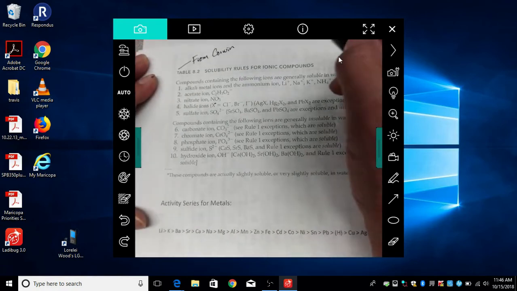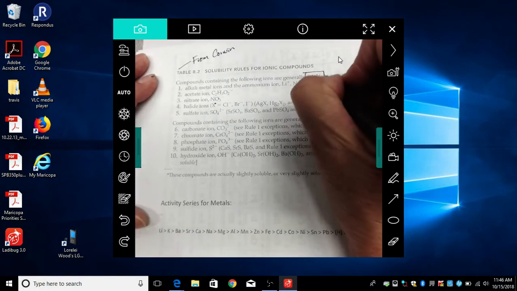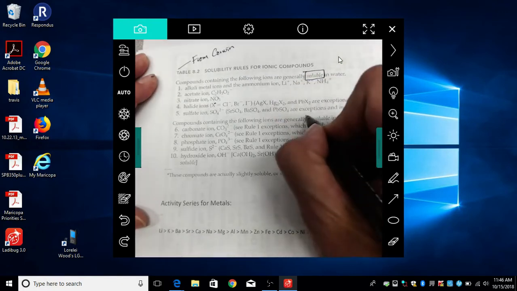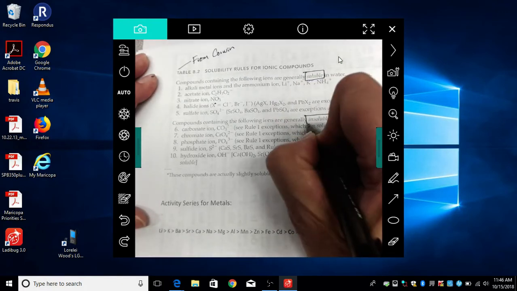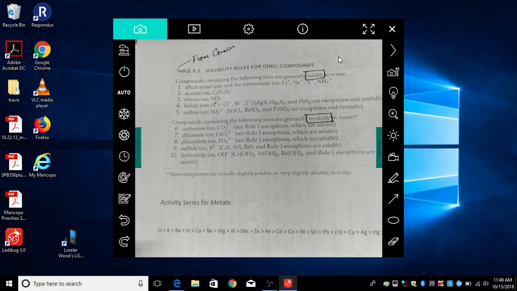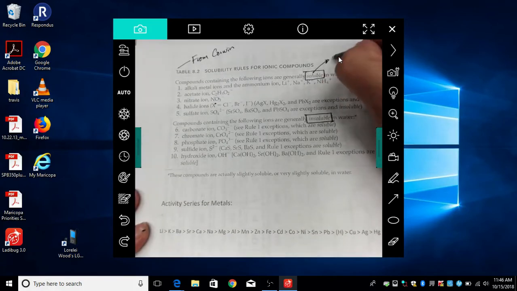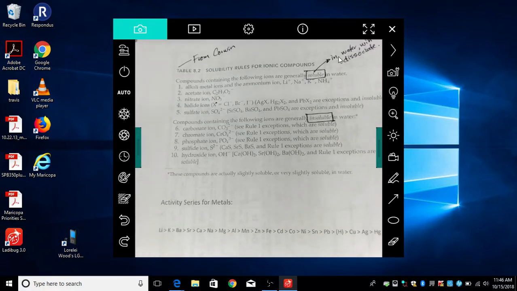All right, so I want you to highlight the words soluble and insoluble. Soluble means that when it goes in water, it will dissociate. So if you put things that are in that part of the table into water, and we're going to learn how to use that part of the table in just a minute, they will dissociate.